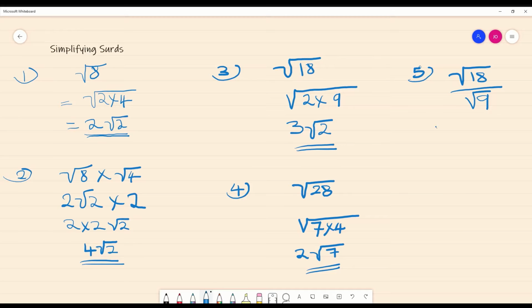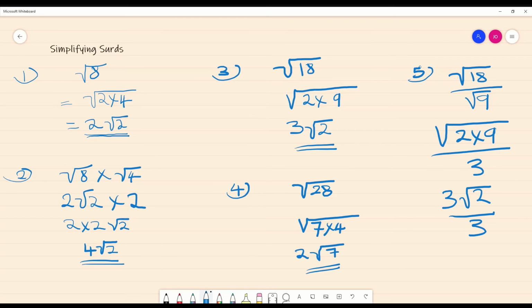So here we're going to have 2 times 9, which gives us 18, all over. We know that the square root of 9 gives us 3. We also have 9 in the square root. So that gives us 3 root 2 over 3. So 3 cancels out 3, and here we're left with root 2.